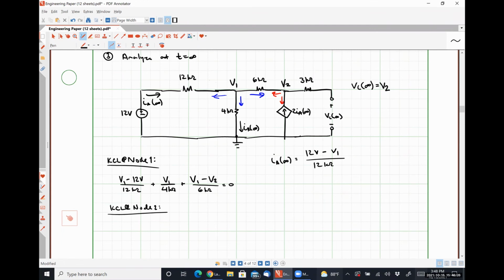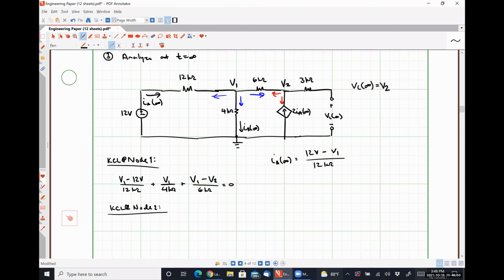So what should my current flowing to the left through that 6 kilo ohm resistor be? Yeah, so it's effectively going to be the exact same thing as we had last time, except that the V2 minus 16 over 3 kilo ohm bit is now 0, right?